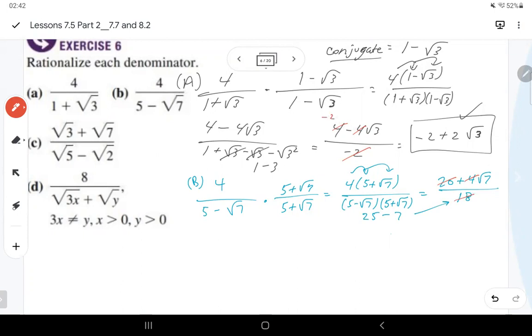This will give us a negative 2 here, a 2 here, and this is going to give us a 10 and a 2 and a 9. Which means we can still pull out a 2 in the top. So that's going to be 2 times 5 plus square root of 7 over 9. Okay.